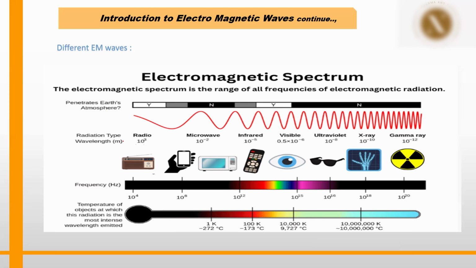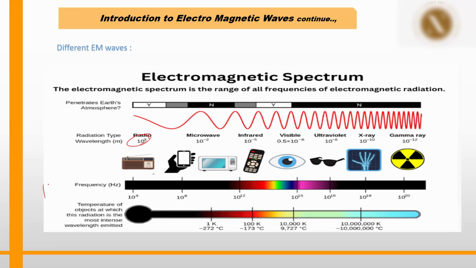Here you can see the radiation type and the wavelength. The wavelength for radio waves is on the order of 10 to the power of 3. And the frequency is 10 to the power of 4, in hertz.